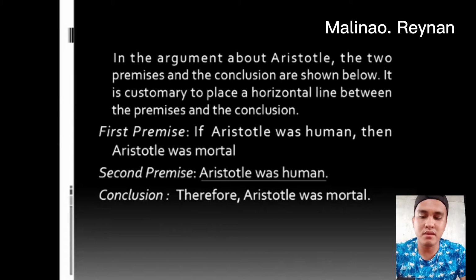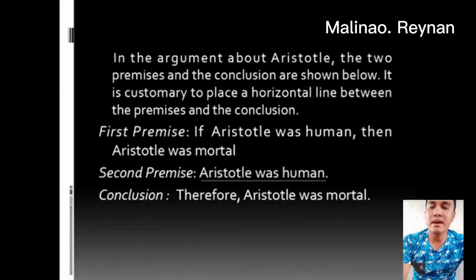The second premise: Aristotle was human. And our conclusion: therefore, Aristotle was mortal. As I have said, it is customary to place a horizontal line between the premises and the conclusion.